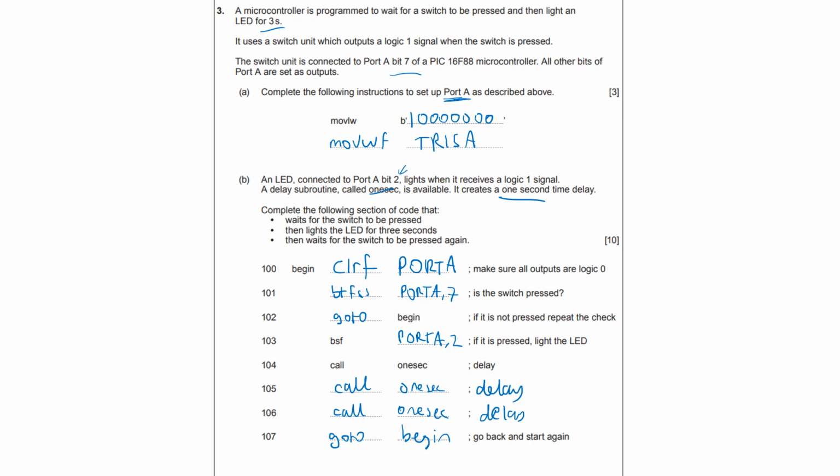So you normally do a move working register to file temp1 or something, and then at the end you'd always move file temp1, comma W, which means move it back into the working register, and then you just RETFIE, return from interrupt enable. So that's the only slight difference between a normal subroutine and an interrupt subroutine. You just need to do those bits at the beginning. It's in the notes, it's on the knowledge organisers as well.